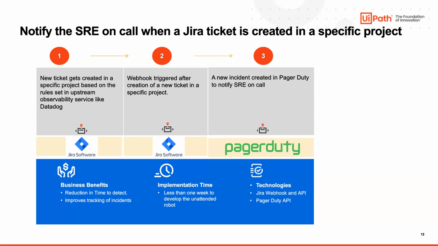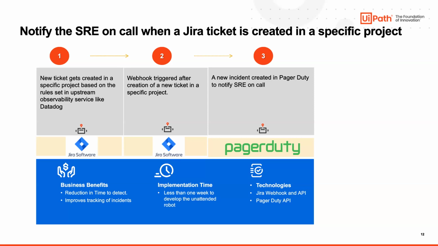Let us say the throughput has reduced, or there is some service that is down, which Datadog has triggered. Datadog has created a ticket in Jira. And then from then onwards, how does the SRE on call get to know that there has been an incident?